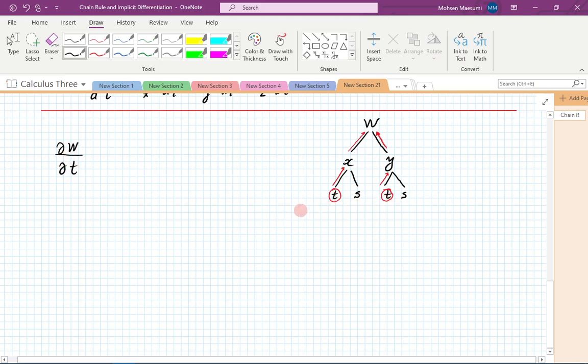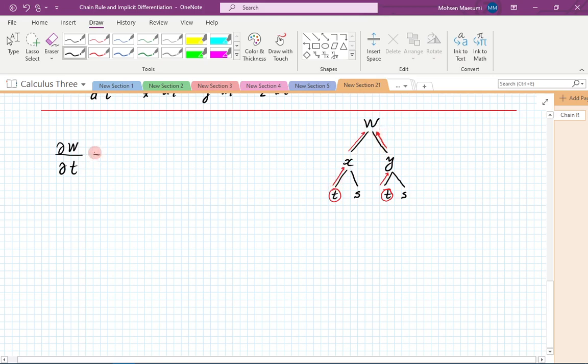If there was just one variable here to worry about, we could have said dw/dt, but when there are several competing variables, we have to use partial differentiation to distinguish between them. Okay, how does it go? Exactly like before. You have to follow the chain rule on each of these paths and simply add them together.